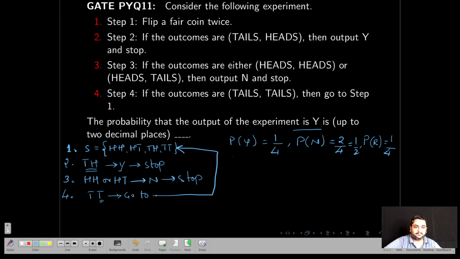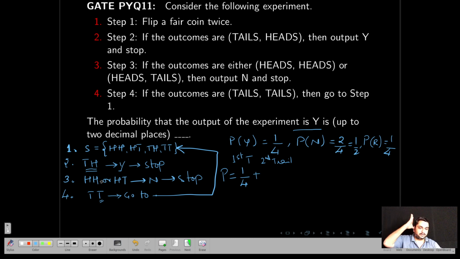See, in the first trial, let the total probability of getting Y be P. In the first trial, if I get 1 by 4, then I have to stop, right? So that is one chance. Next, suppose this is not possible, then I will go to the second trial.